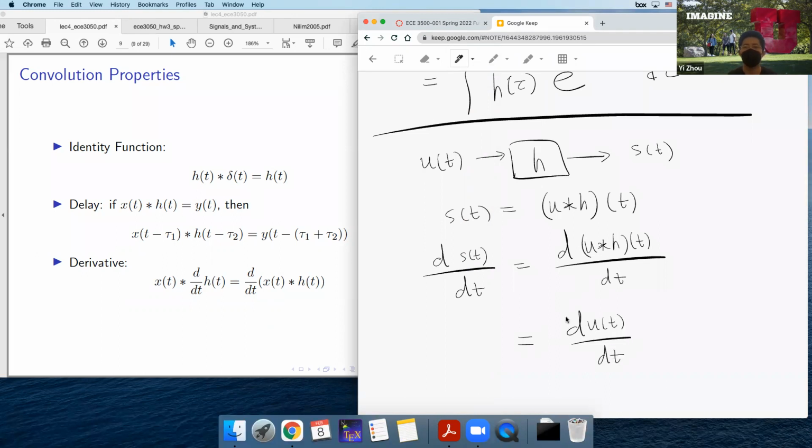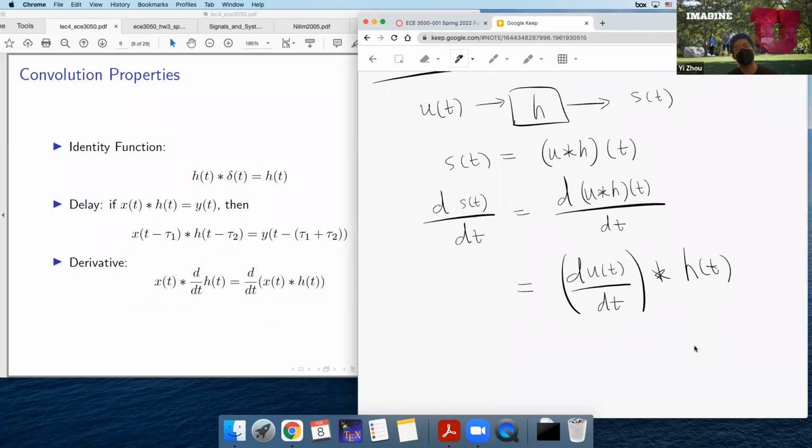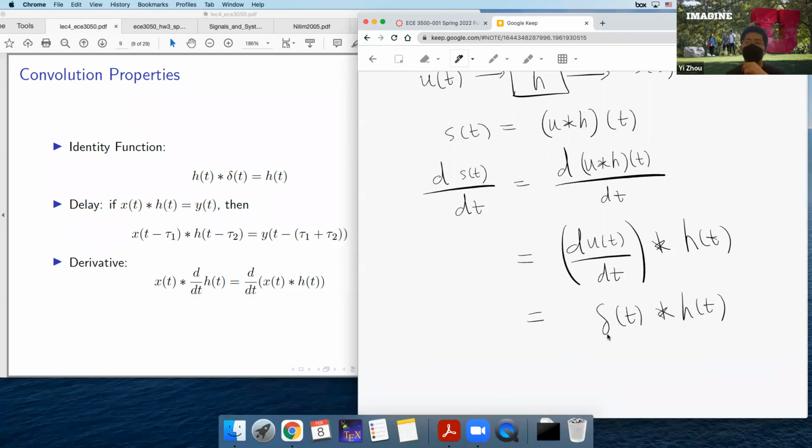I choose to look at this one first, and then take the convolution with h(t). And we know that the derivative of the unit step function is the impulse signal, and any signal convolved with the impulse signal is the signal itself.